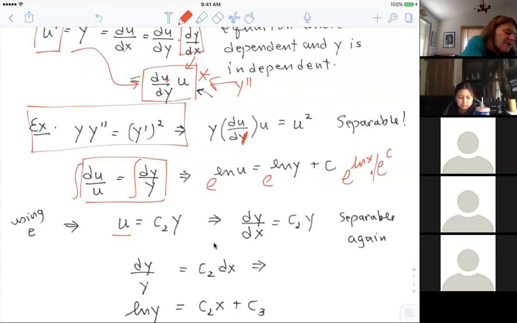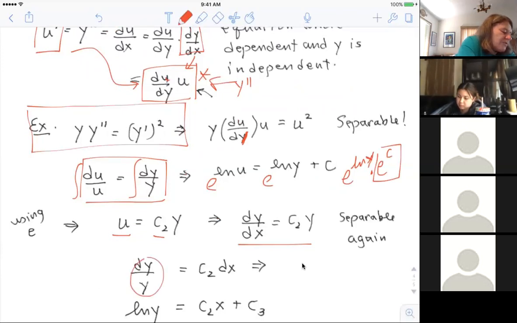And I'm going to call e to the c c2, and e to the log y is just y. This is a y here. So I get u equals c2 y. That's nice. It's also separable again. I'll put the y under here. I'll leave the c2, I'll put the dx over there with the c2.